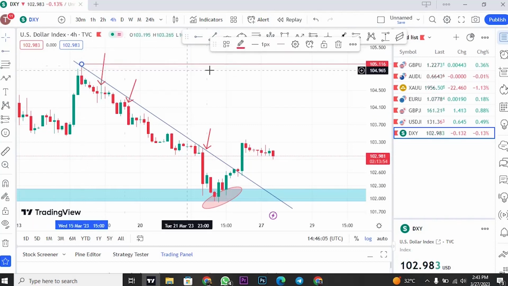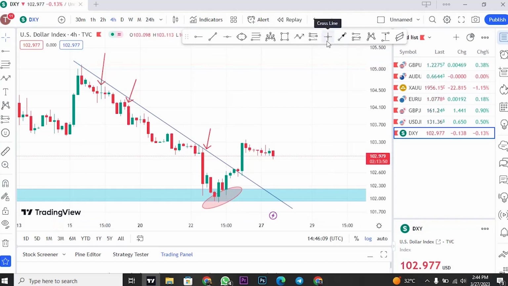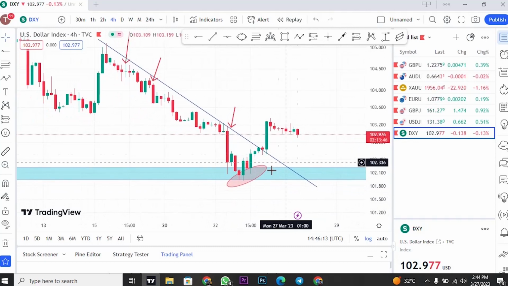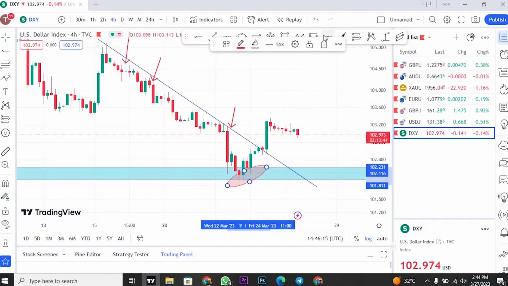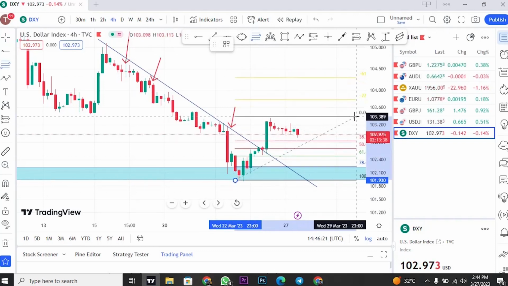So DXY is currently moving in a bullish manner. Let me clear this one and pull out my Fibonacci from this swing low to this swing high.